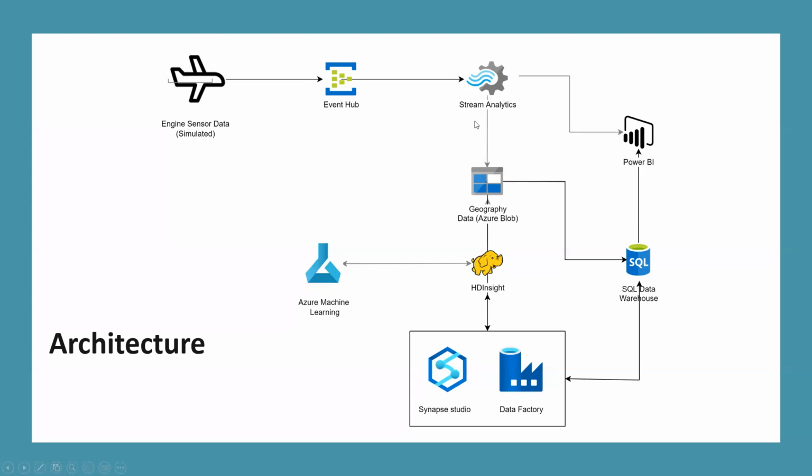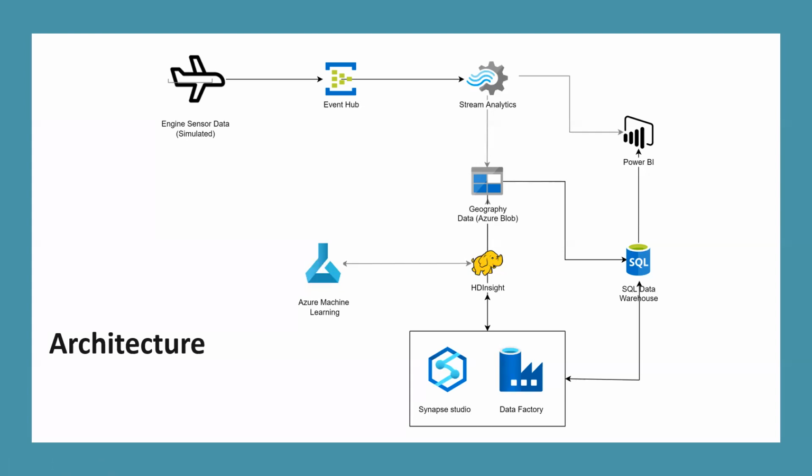Here all the data is aggregated and filtered. What machine learning does is predict the potential failures based on the real-time data from Stream Analytics. Stream Analytics passes data to Azure Blob, and machine learning can access it by connecting to HD Insight, accessing all the data, and predicting the potential failures.